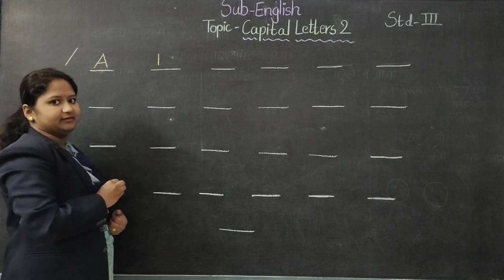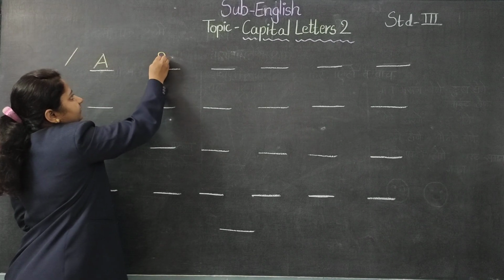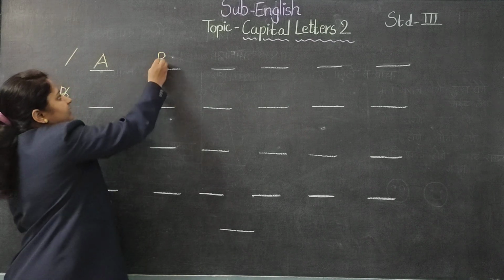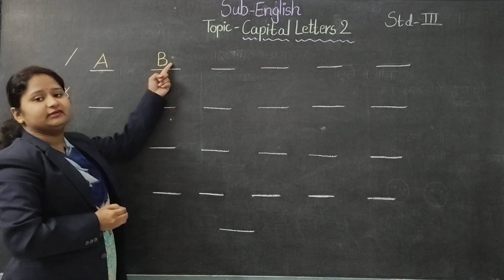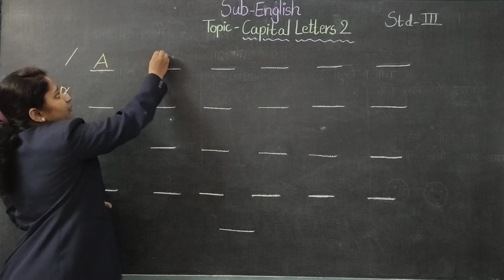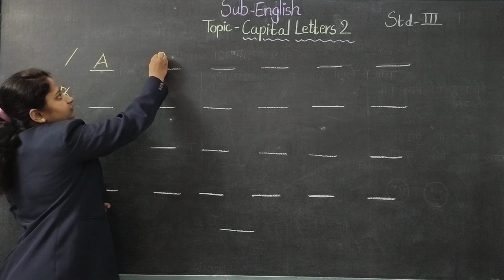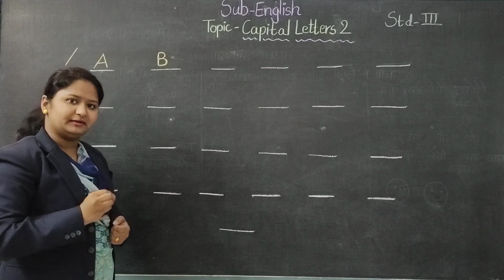First, standing line. This is the first step. Again the half curve, and again the second half curve, and we are done with the letter B. See here, 1, 2 and 3. There are 3 steps for writing letter B.